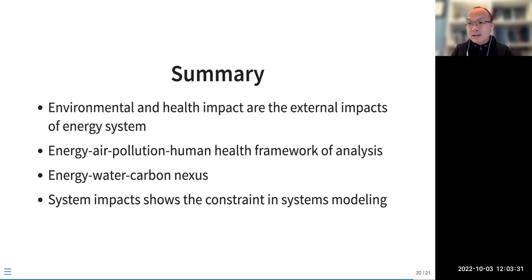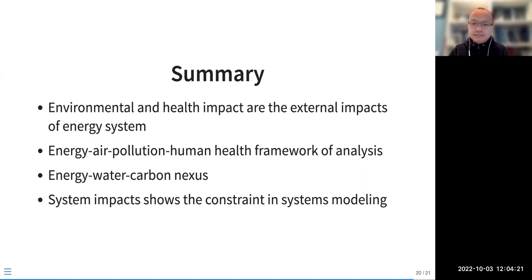That's where energy system modeling sees environmental and health impacts as a constraint of the energy system, and that would impact how we invest in today's technology. I mentioned the energy, air pollution, and human health framework for analysis to try to find the right concentration and exposure functions that you can use, and think about the benefits in the energy, water, carbon nexus discussions.